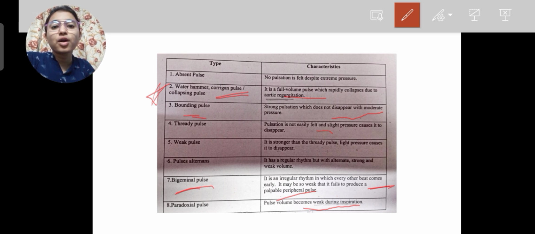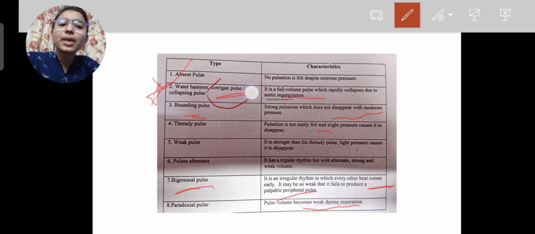Remember mainly the water hammer Corrigan pulse, then the bigeminal pulse, an irregular rhythm in which every other beat comes early, and the paradoxical pulse.